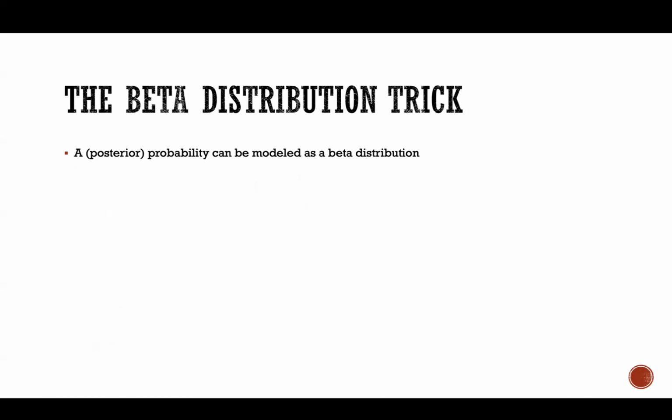So we have that a posterior probability can be modeled as a beta distribution. We've seen it before. The beta distribution is a distribution that has two parameters, alpha and beta, and I'll show what they are in a second, and it outputs a number between 0 and 1.